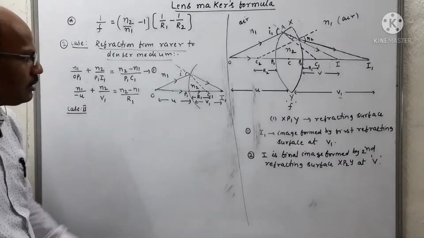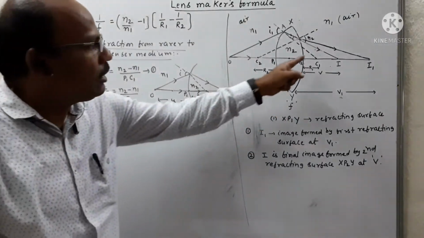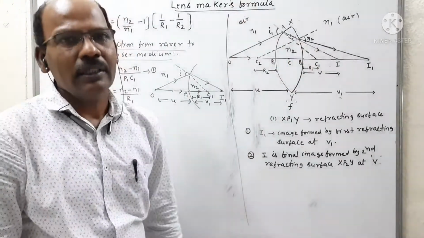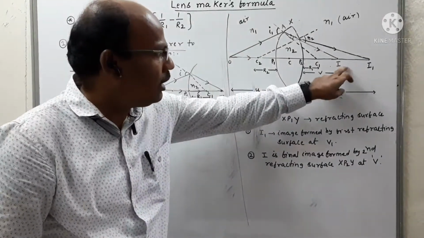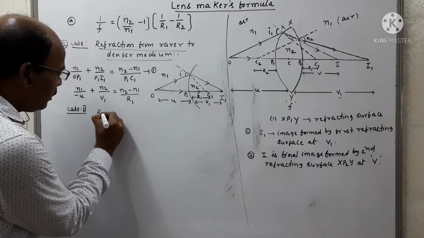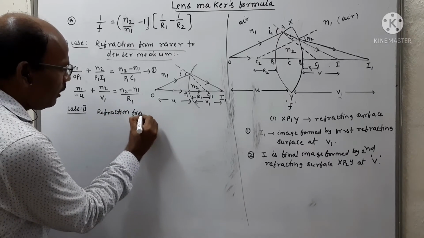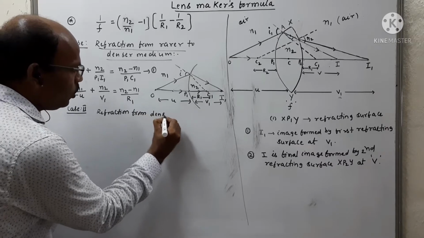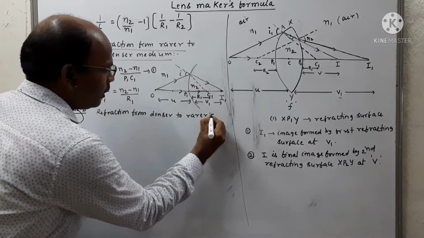So what happens? This image I1 acts as the virtual object for the second refracting surface, and it forms the final image at I. The second one is refraction from denser to rarer.